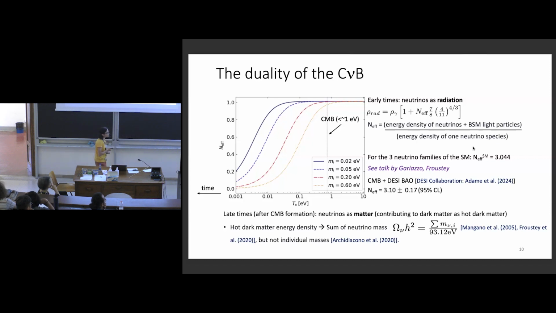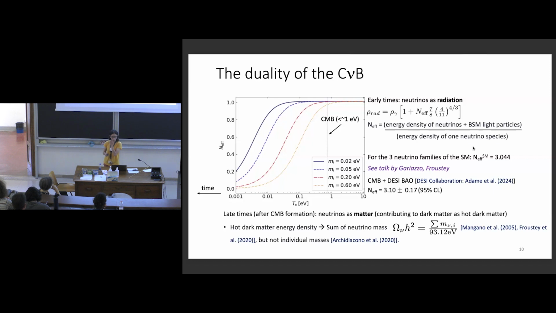And what we can measure with cosmological data is indeed the energy density in hot dark matter. And if you assume that there is no new physics, no new interactions, so the neutrinos of the cosmic neutrino background have a Fermi-Dirac statistics and everything is well behaved, let's say, then from the density of hot dark matter, we can derive constraints on the sum of neutrino masses.